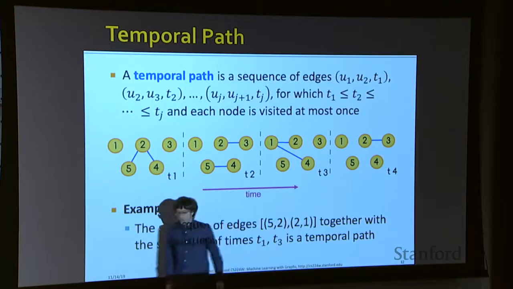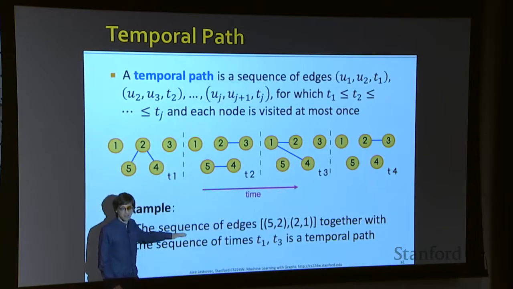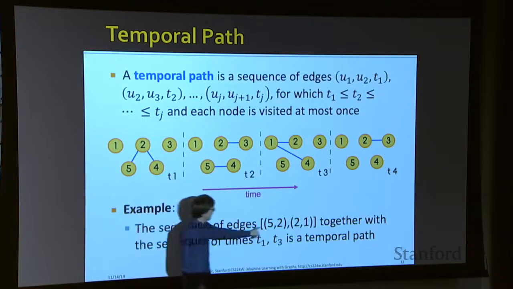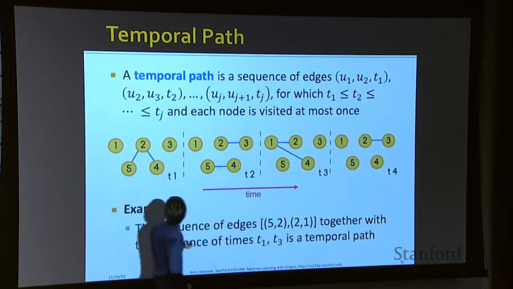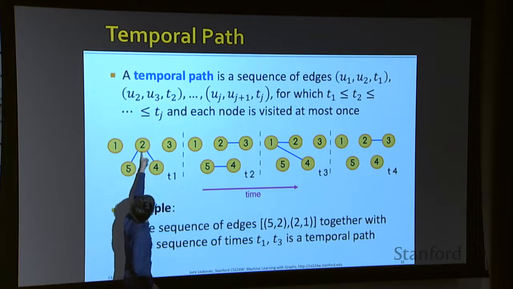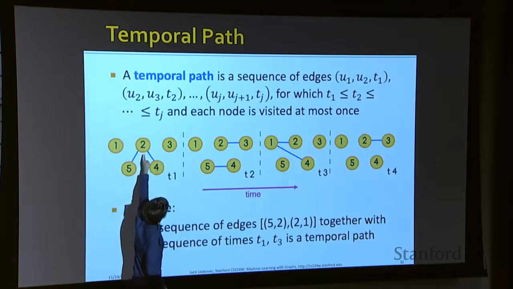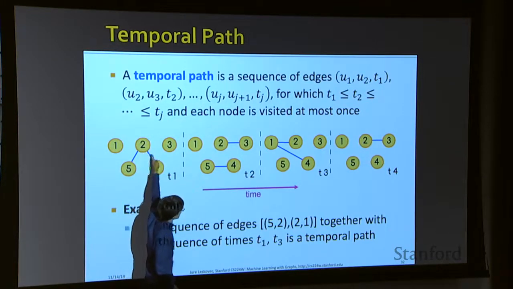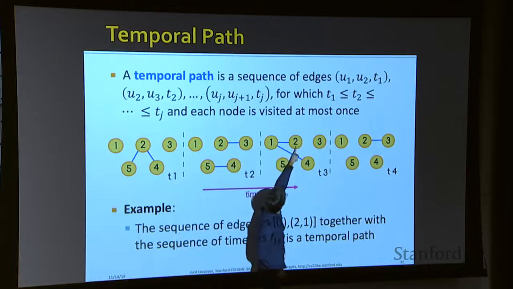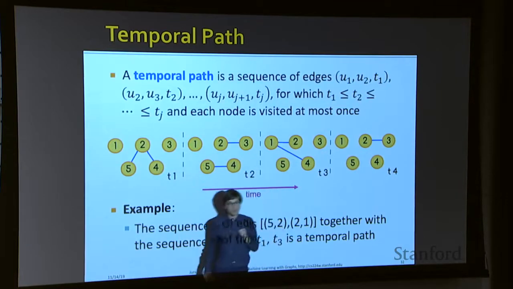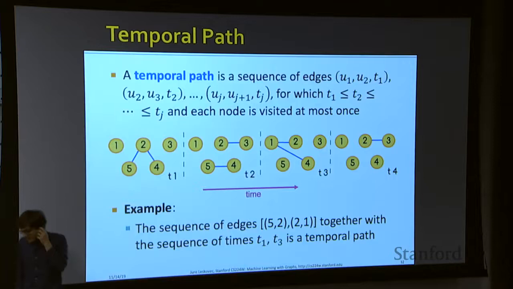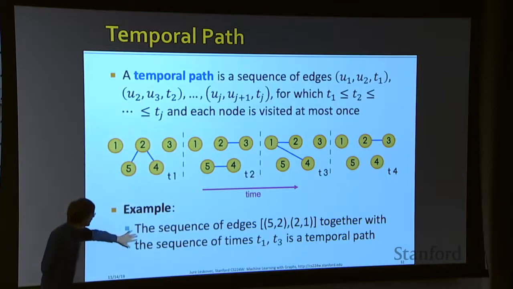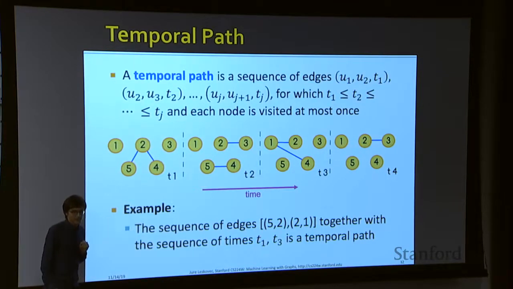So 5, 2, 1 is a valid temporal path because I go from 5 to 2 at time 1. Now I wait 2 steps, at 2 time points at position 2, and then I go from 2 to 1, and I completed the path. Okay? So this is now a valid temporal path.